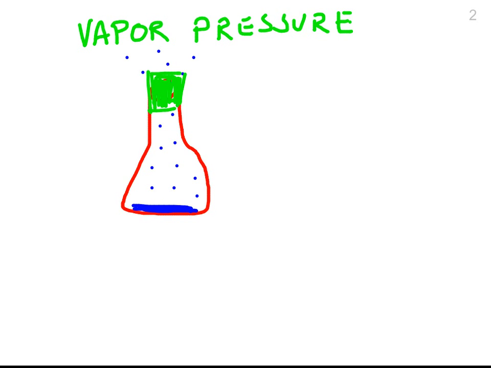Well, if I seal that up, I've trapped these blue gas particles inside. They're going to do what gas particles do. They're going to start colliding with the side of the container, exerting a pressure. So they're going to be smacking themselves against the side of this closed container, and that is a pressure, and that is what vapor pressure is.